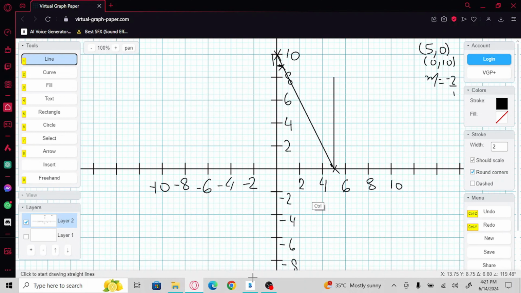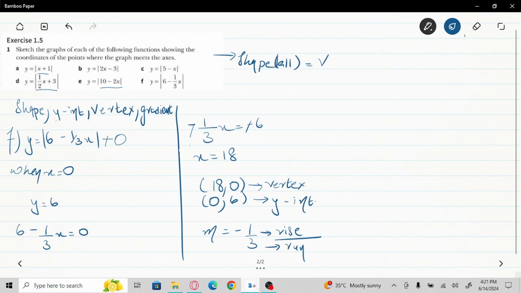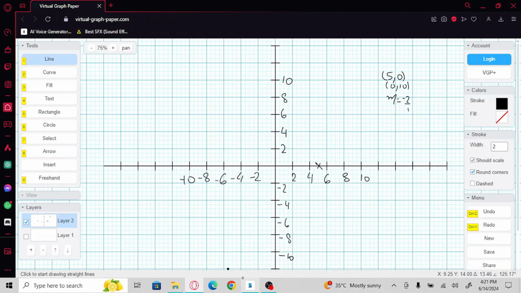Let me adjust the graph again up to 18. I need 18 x values.